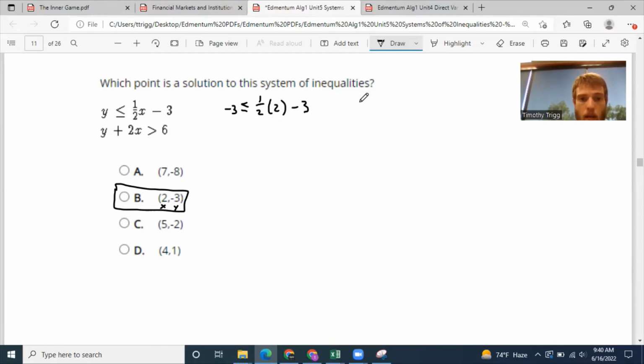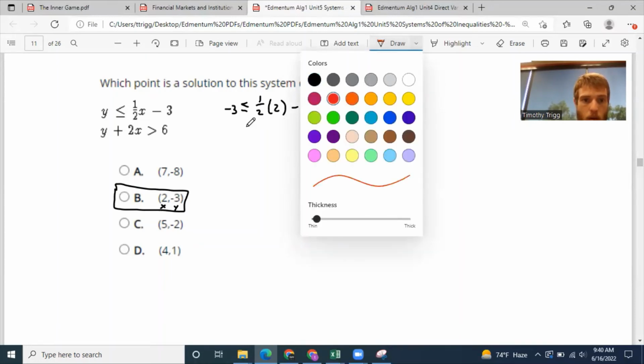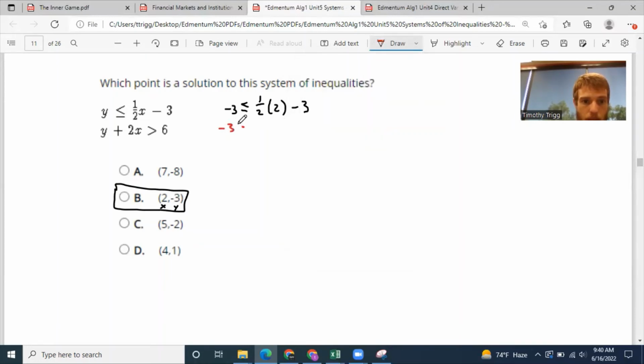That gives us -3 is less than or equal to, what's half of 2? That's 1. 1 minus 3 gives us -3 is less than or equal to -2, right? 1 minus 3 is -2. Well, that's a true statement, isn't it? Because -3 is less than -2.